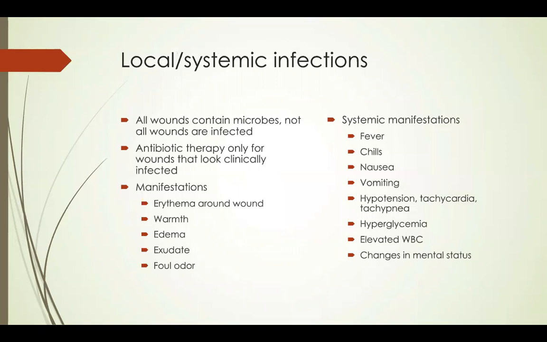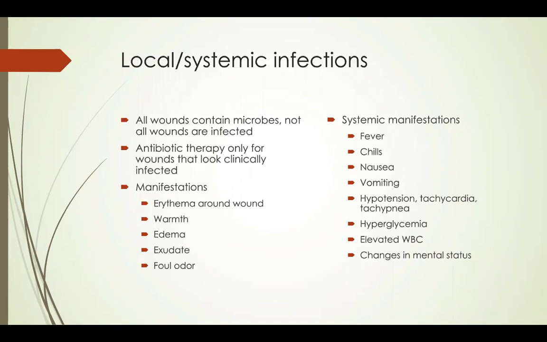Local and systemic infections. So all wounds are going to have microbes, but not all wounds are infected. It's going to depend if the microbe, the pathogen, is able to take over and invade the wound. We only give antibiotics for wounds that clinically look infected, if there are other signs of infection.